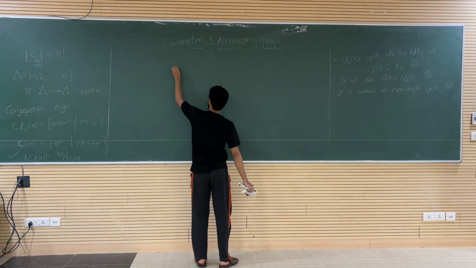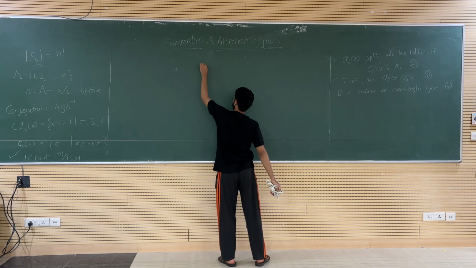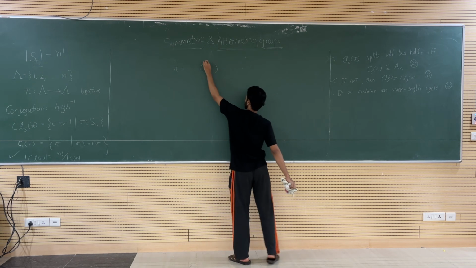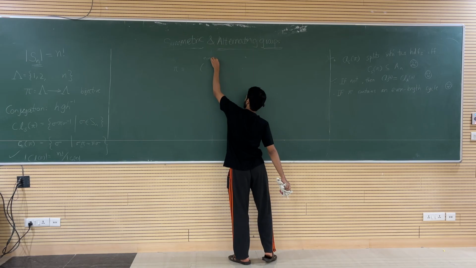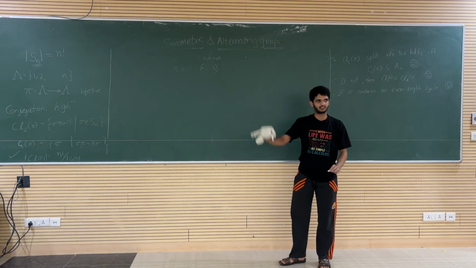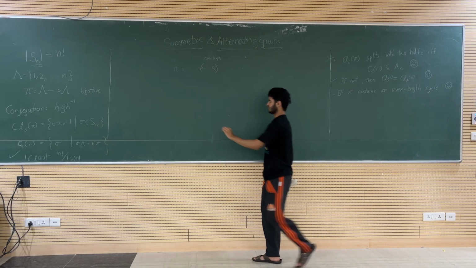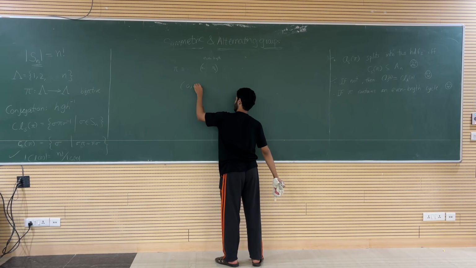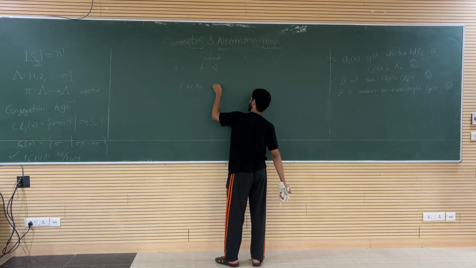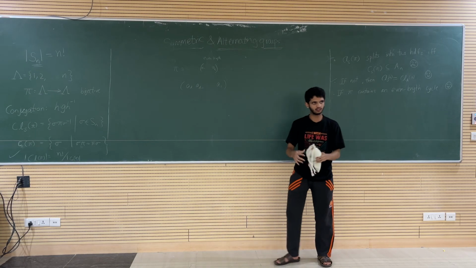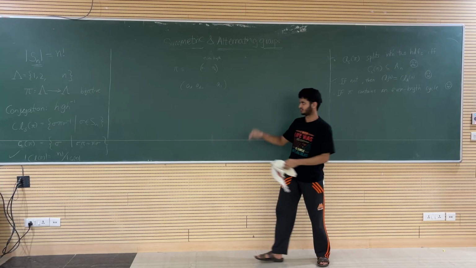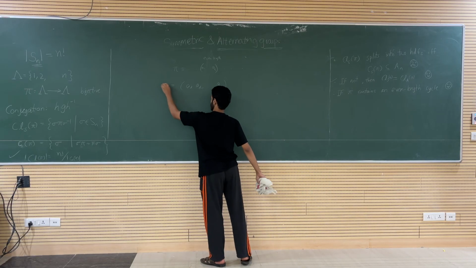See, you have pi, many elements, but this has even length. Let me write A1, A2 till AL1. This is your pi. Consider this element AL minus 1 dot till A1. What did I do? I just inverted this. I will call this sigma.